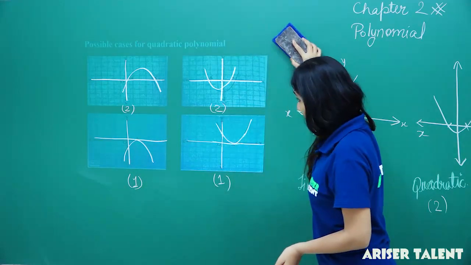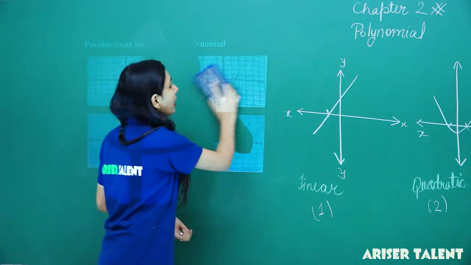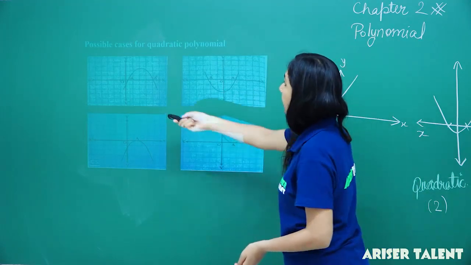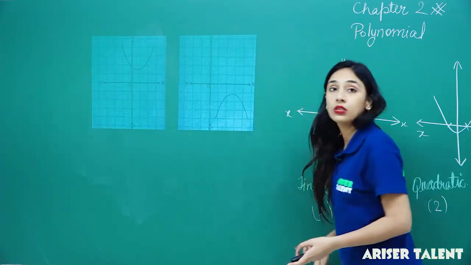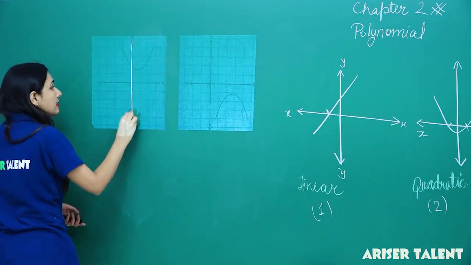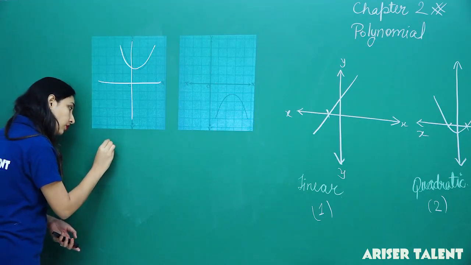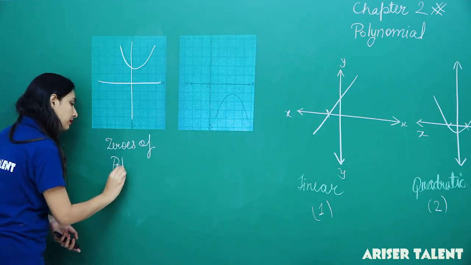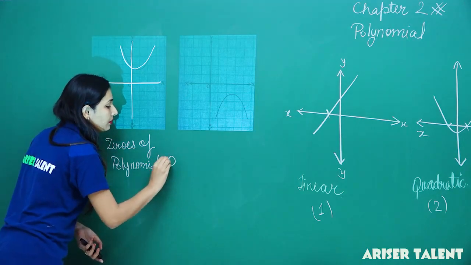Now we can have one more case. What if the parabola does not touch the x-axis at all, like this? It can be above or below the x-axis. In the case where it's above, the number of zeros of the polynomial is what? Zero.